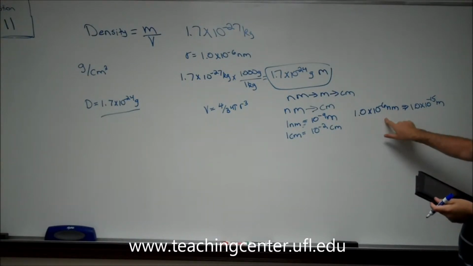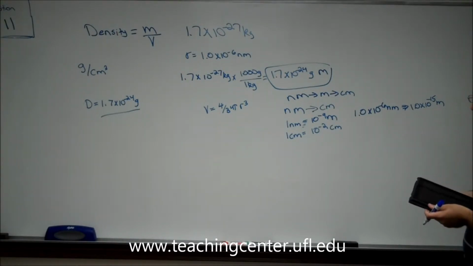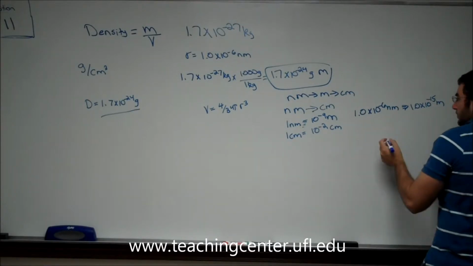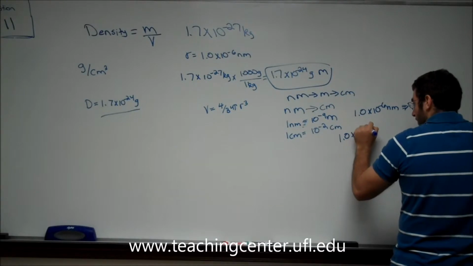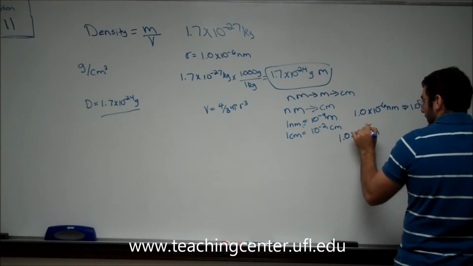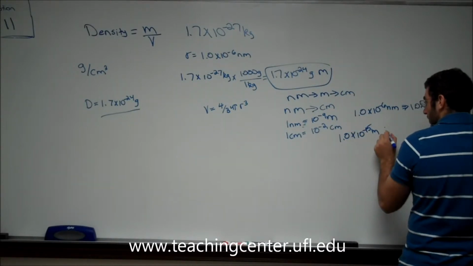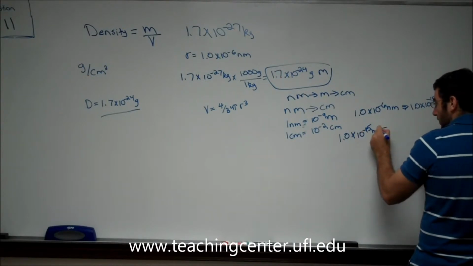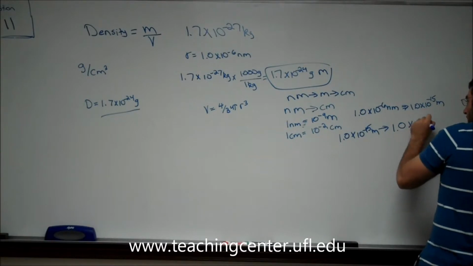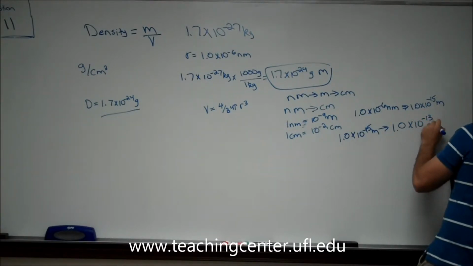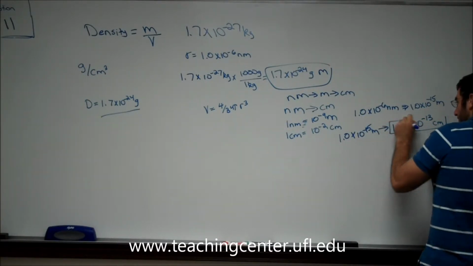So 10 to the minus 9 plus 10 to the minus 6 equals 10 to the minus 15. So, if we go from 1.0 times 10 to the minus 15 meters, and we wanted to get it to centimeters, 1.0 times 10 to the minus 13 centimeters.